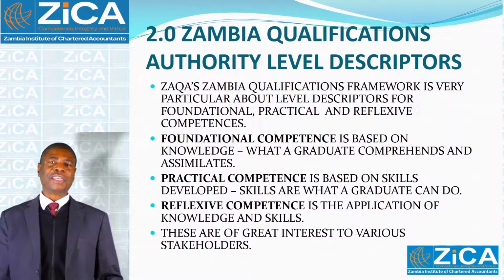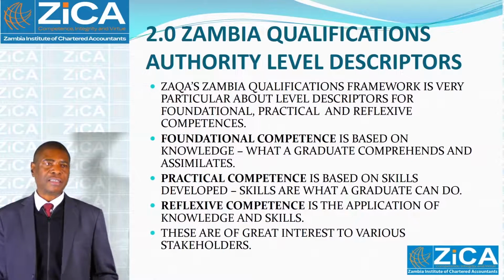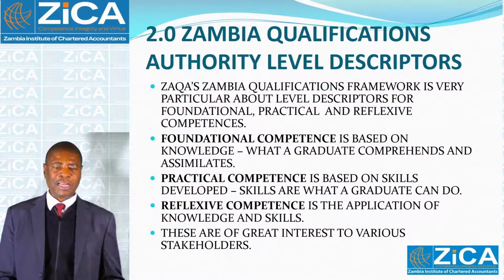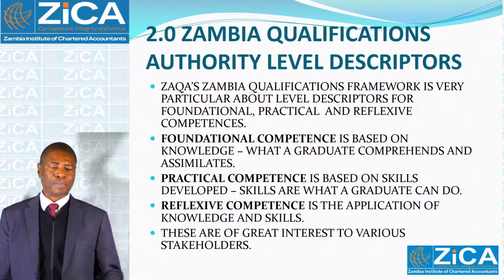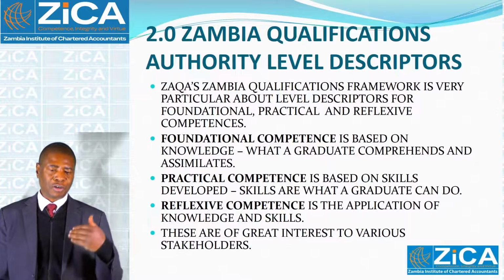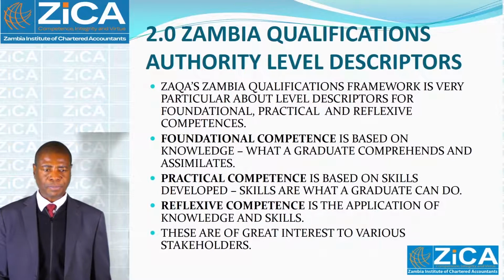This is what a graduate can comprehend and assimilate. Then we've got practical competences, which is simply what a graduate can do. Then we have reflexive skills, which advanced students have to do. At our level at CA 2.3, we'll look at practical skills as well as foundational competences. Those are very, very important: what you can do and what you have assimilated.